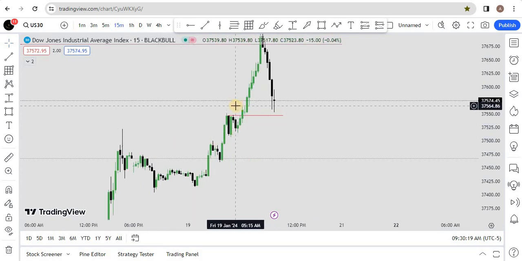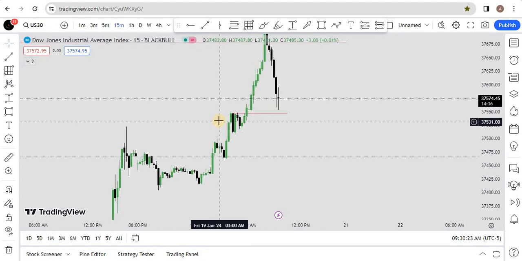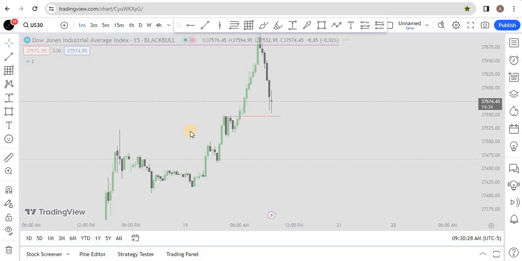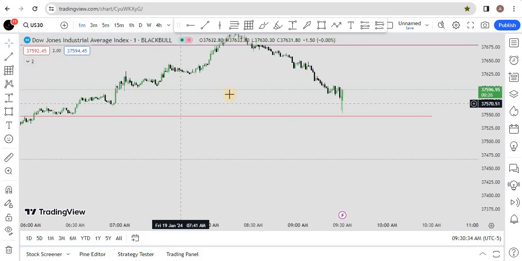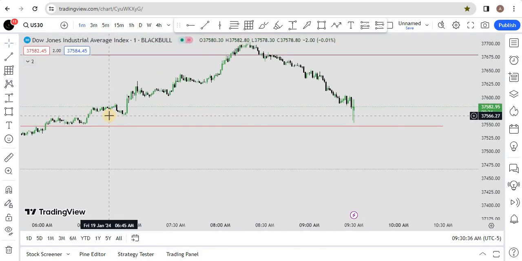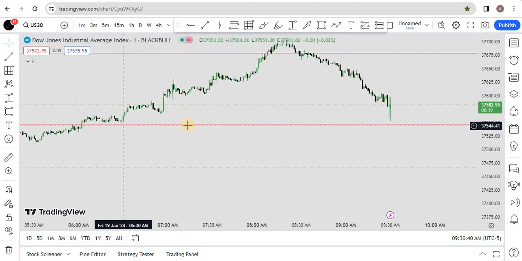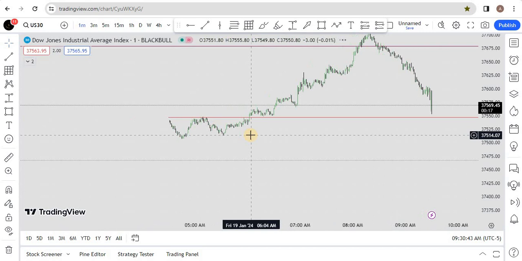We have this smaller fair value gap here as well. So price here took the liquidity. We have these liquid lows. Let's see what happened.